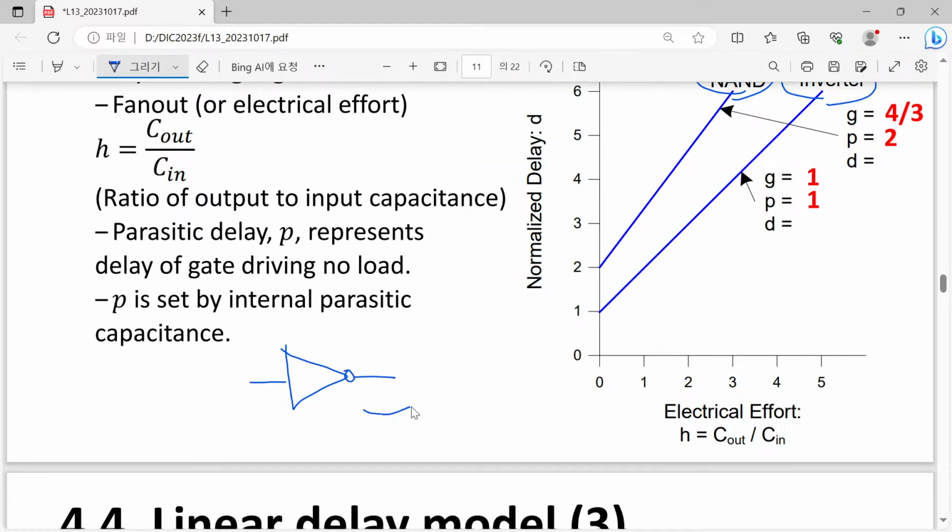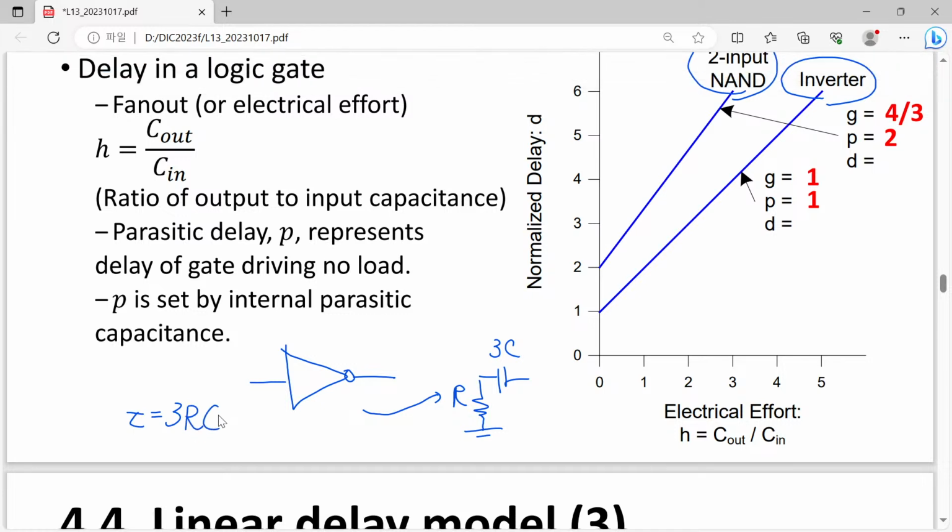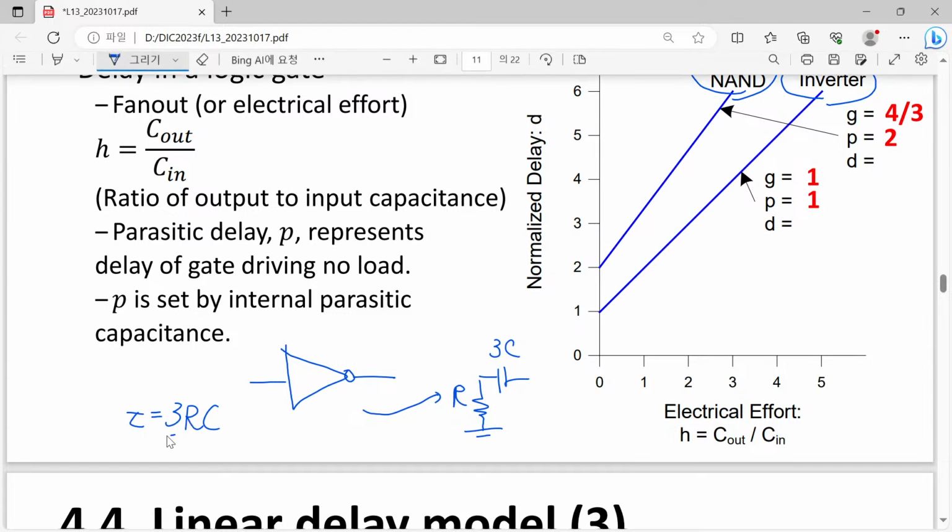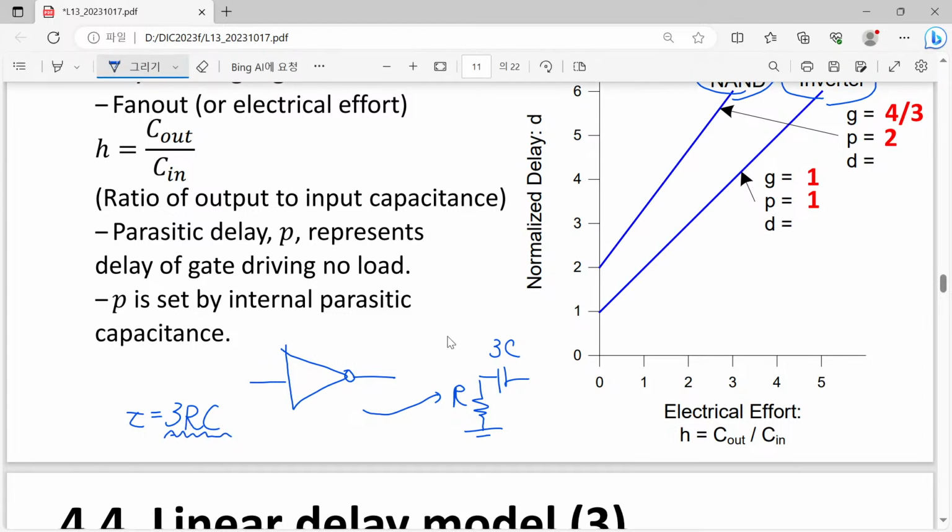So if we draw its discharging phase, then you can see that there is 3C and R. Then you can see that the related delay will be 3 times RC.